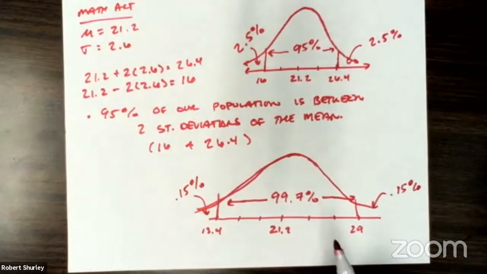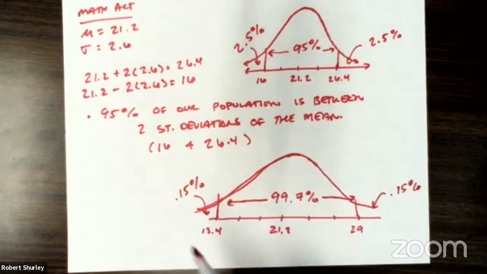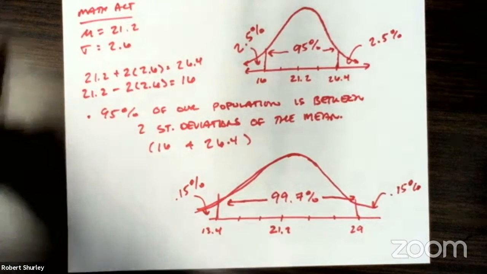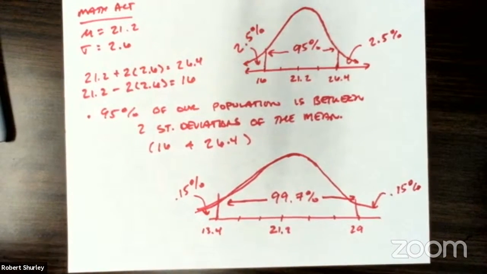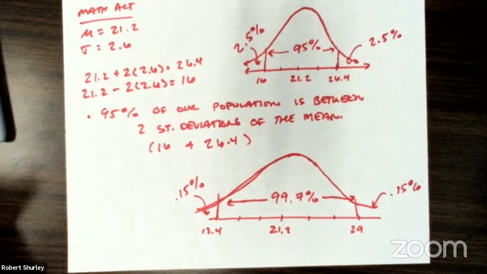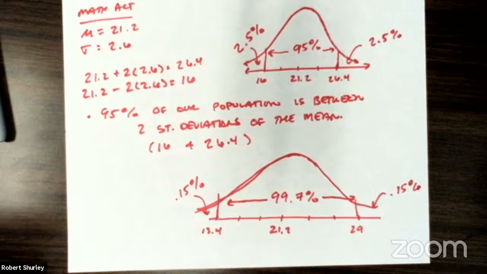I'm not going to ask questions about that, but I'll tell you your book might. So just realize this is where it's coming from, okay? And it encompasses almost every single person in the population. Almost every single person in the population is between a 13.4 and a 29.